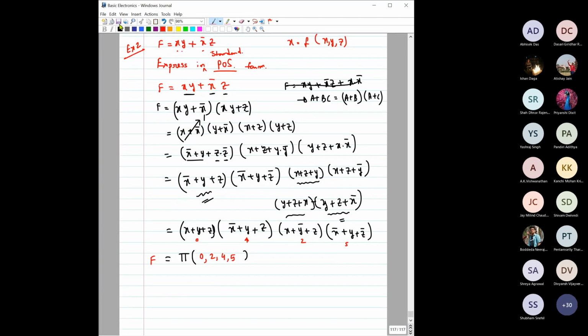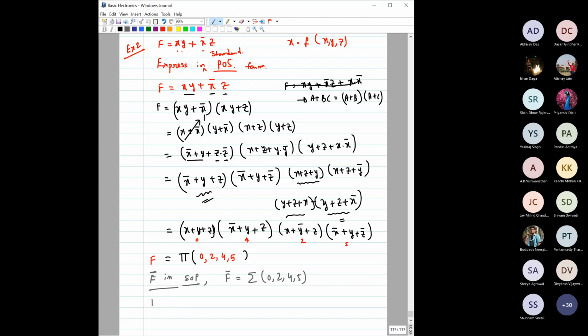Okay, so from here, if I ask you, what will be f bar in SOP? Can you tell me what would be f bar sigma in SOP? 0, 2, 4, 5, this only, sir. Same thing, right? f bar would be equal to sigma of 0, 2, 4, 5.